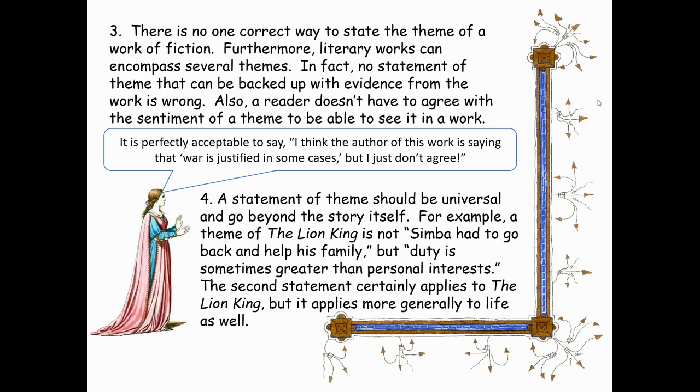So Simba wanted to stay away, not have to deal with things, but sometimes his duty as the son of the king meant that he had to go back and help his family. But when I say it by saying duty is sometimes greater than personal interest, that relates that theme that is found in The Lion King to other stories and to humanity in general. So the second statement certainly applies to The Lion King, but it applies more generally to life as well.